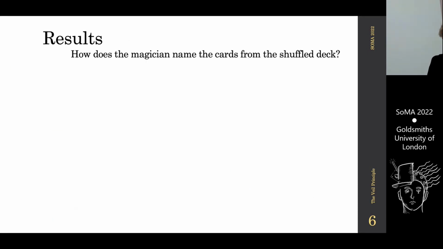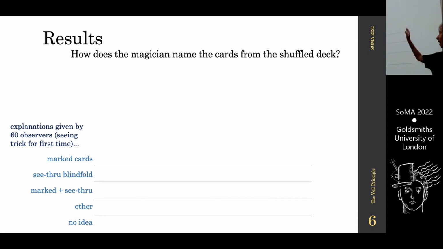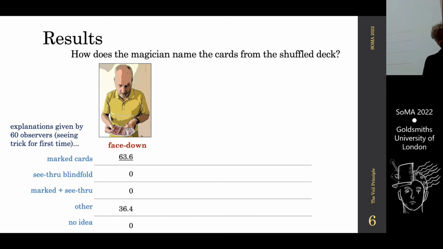This is what we found. The numbers that I'm going to show you are just from people who were seeing the particular version of the trick for the first time. And this is how we coded up the explanations that they gave for the question, how did the magician name the cards? When they were face down, 63% of people seeing that for the first time guessed that it was marked cards.